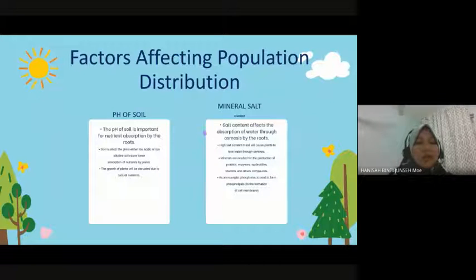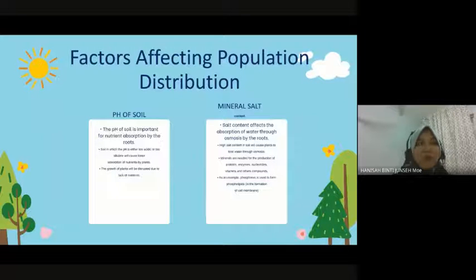Halophytes are plants that are able to survive in a surrounding where there's high salinity or high salt in the soil. But usually other plants cannot survive because they need to be surrounded by low salt content.